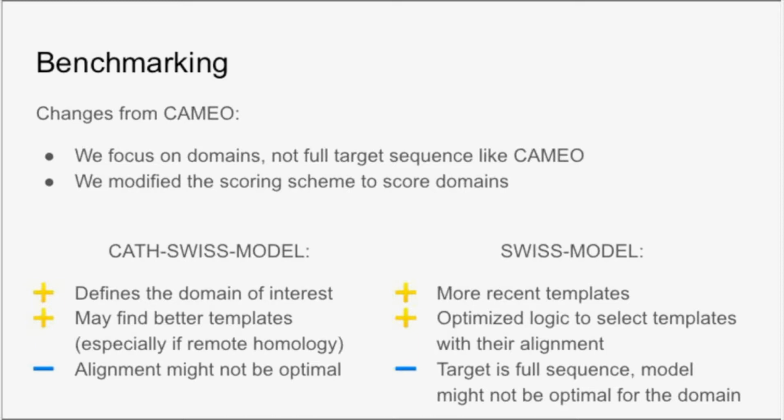On the Swiss model part, we have more recent templates. We have weekly update cycles for our templates. And we also participate in Cameo and have an optimized logic to select the best template together with their alignments. However, the target sequence that we had in this case was the full sequence, and so the model for the domain may not be fully optimal.